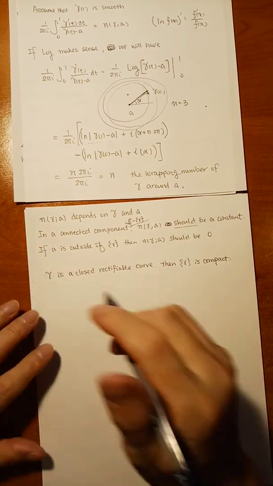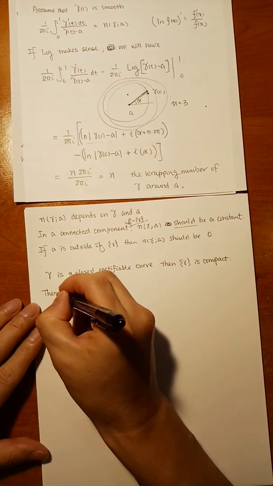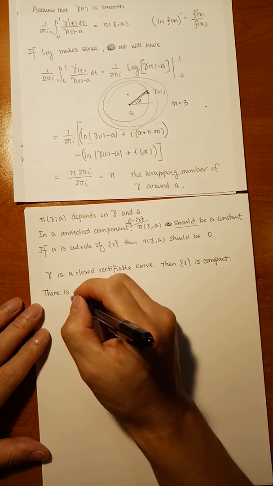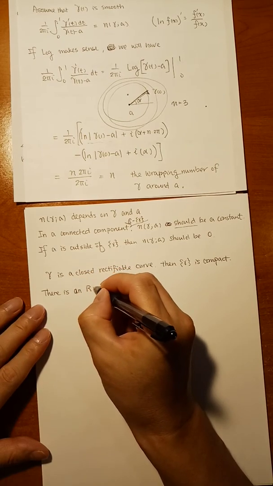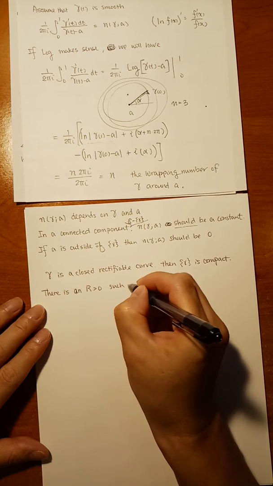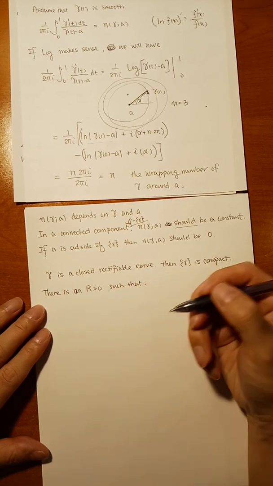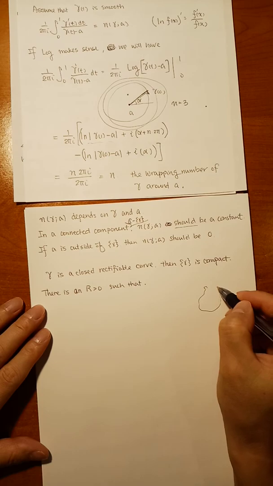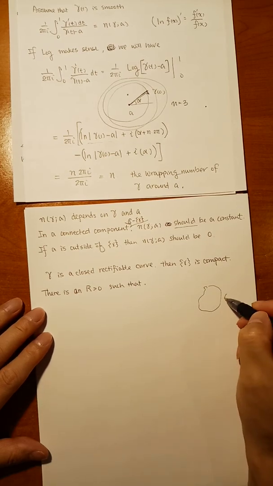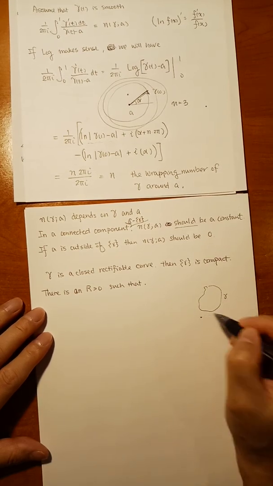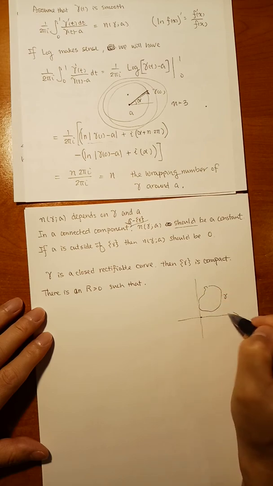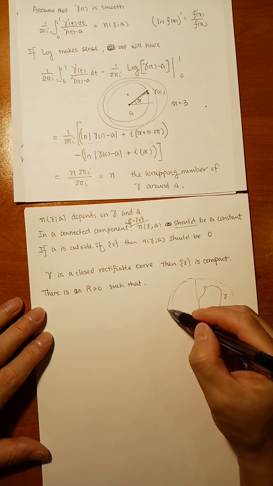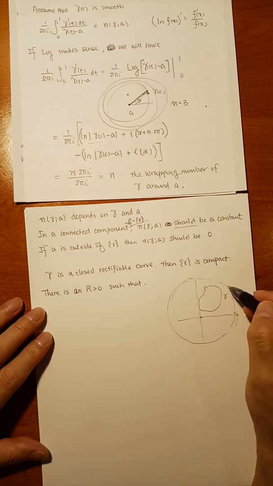Compact, then there is R greater than 0 such that, for example, if you have a gamma and this is the center, the origin, then you choose a huge disk to cover the gamma.